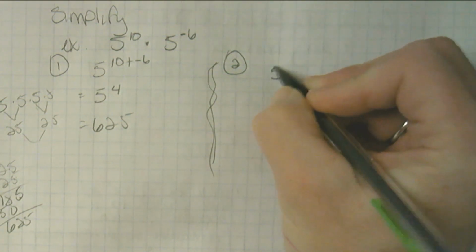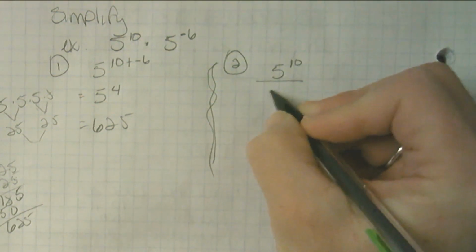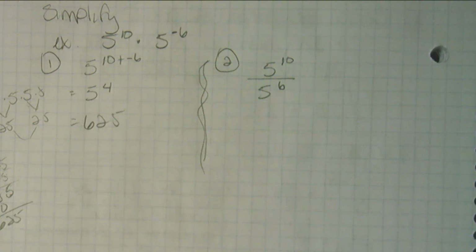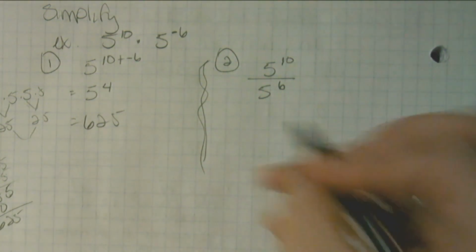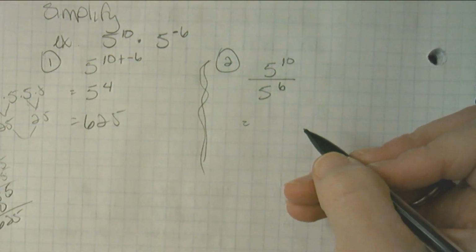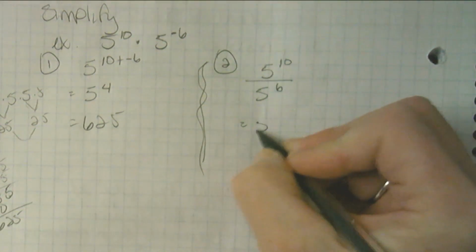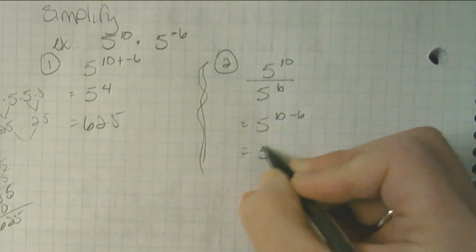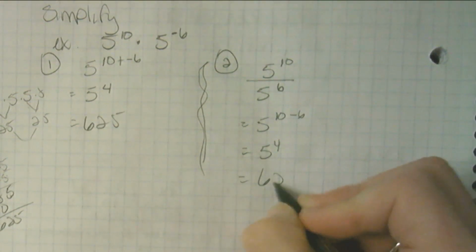Yeah, so I could do 5 to the 10th divided by 5 to the positive 6th. If I did that method, now what? Ada? I need to use my power rules, which gives me 5 to the 4th, which gives me my 625.